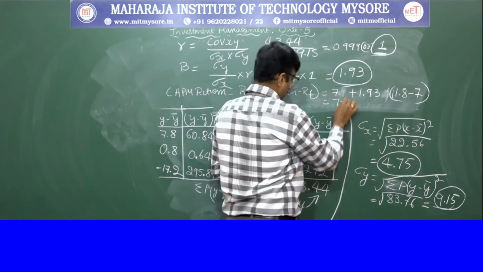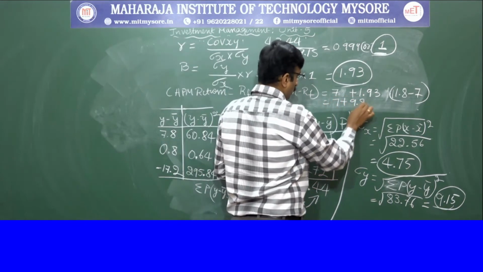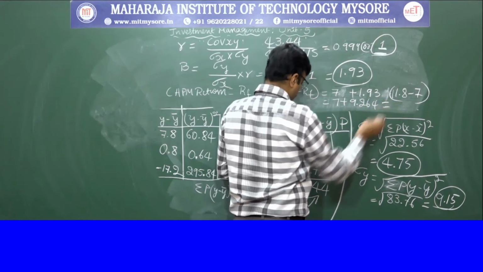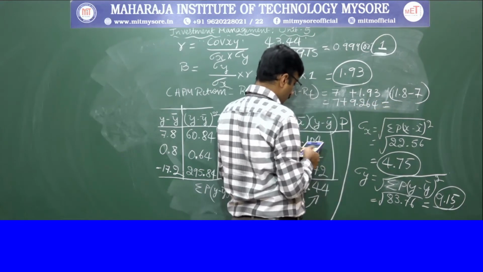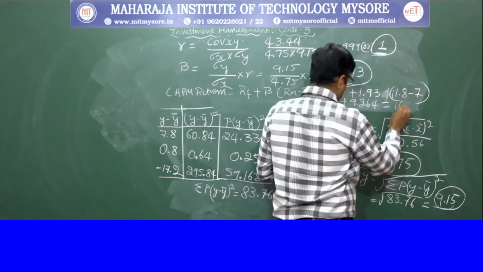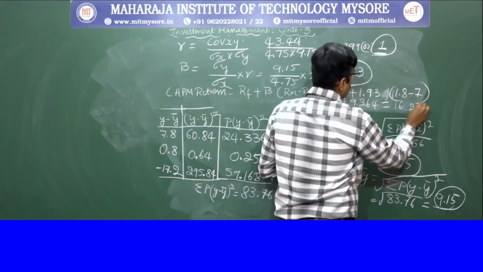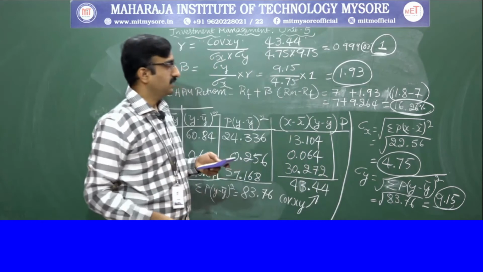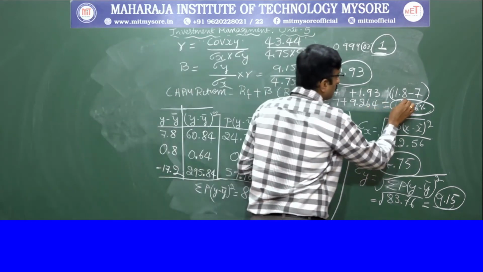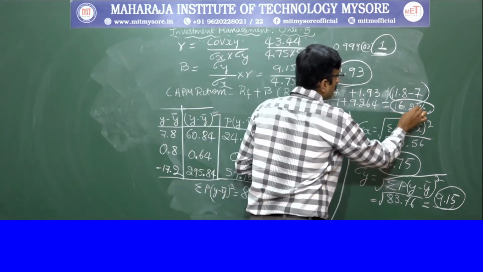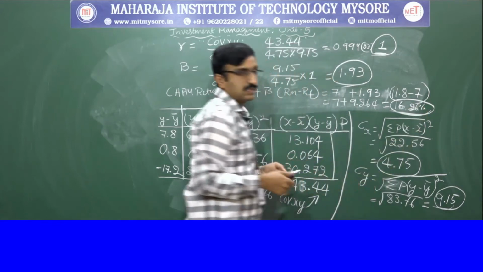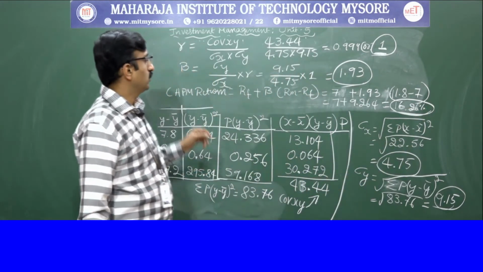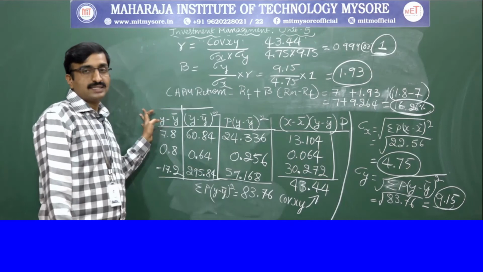Then 7 plus 9.264, you will get 16.26%. The CAPM return is 16.26%.